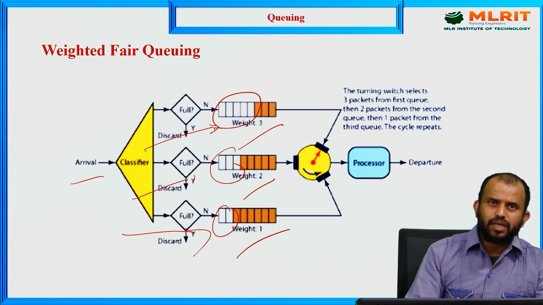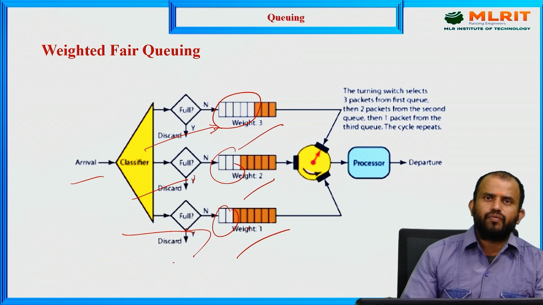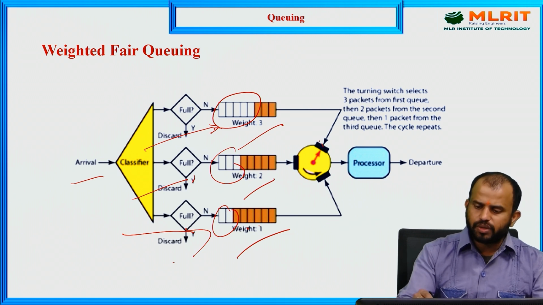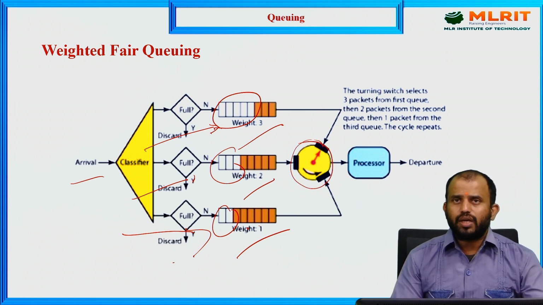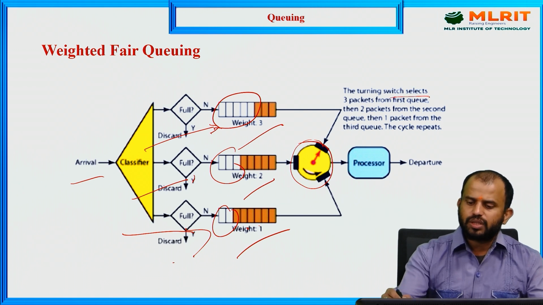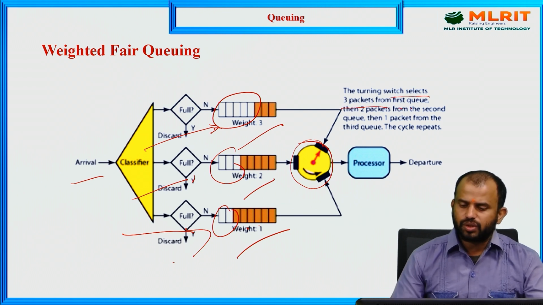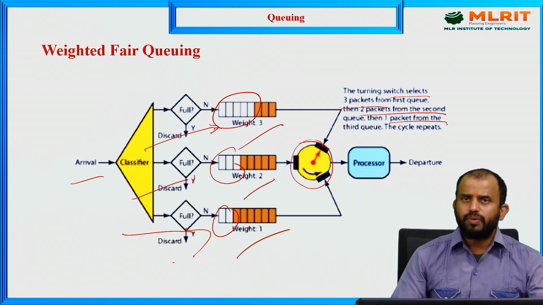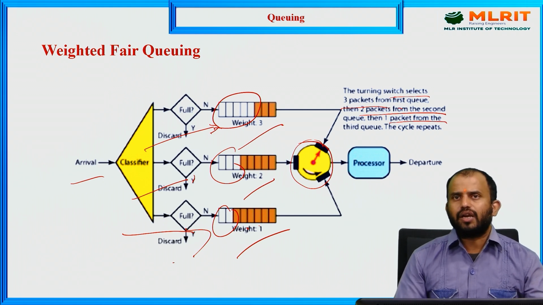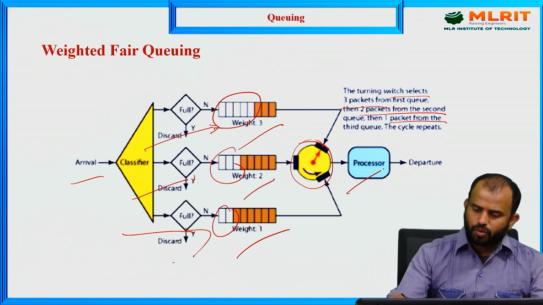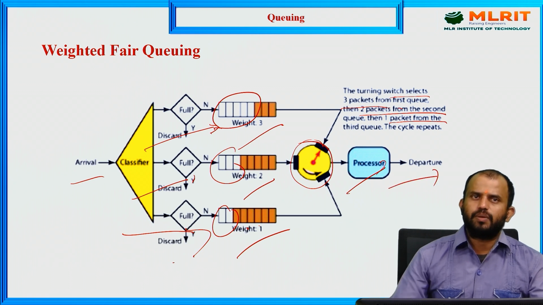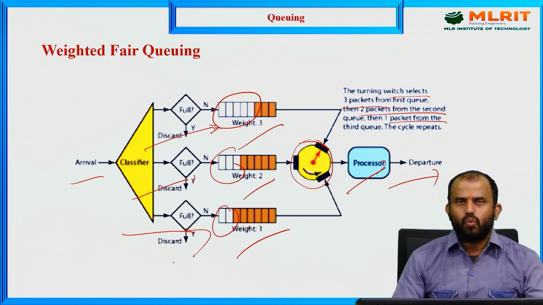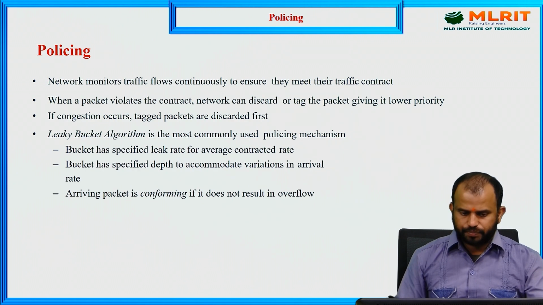So again, if it is full, it is discarded. If not, it should be forwarded. Once it is forwarded, it maintains one kind of structure, one kind of architecture. So when the switch turns, it selects 3 packets from the first queue, next 2 packets from the second queue, next 1 packet from the third queue. It should be handled in a cyclic manner, then processed, and then the information departs. That we call the weighted fair queuing mechanism.